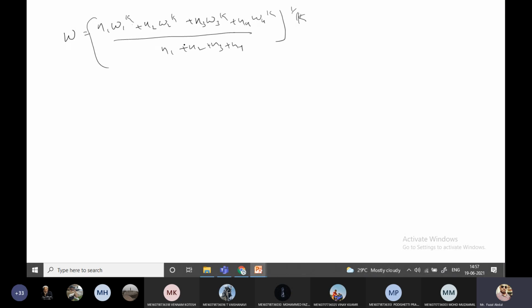Here N1, N2, N3, N4 and W1, W2, W3 are given in the question. So again I am writing what N1 is. N1 is 0.1 number of revolutions, and W1 is given as 3. Here I am taking K as 3 because the question itself mentions a ball bearing.